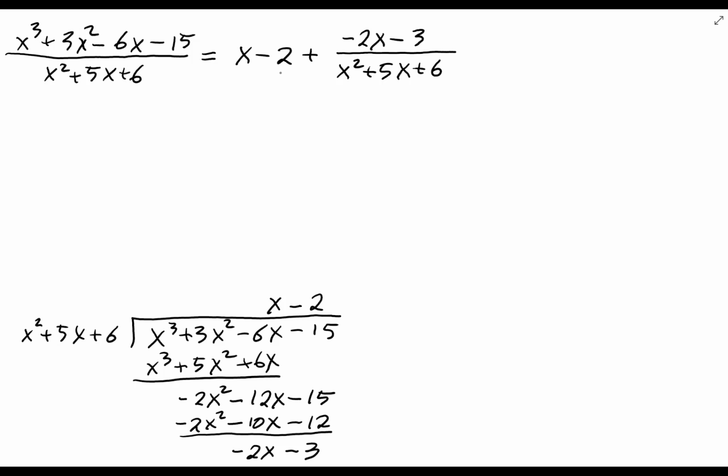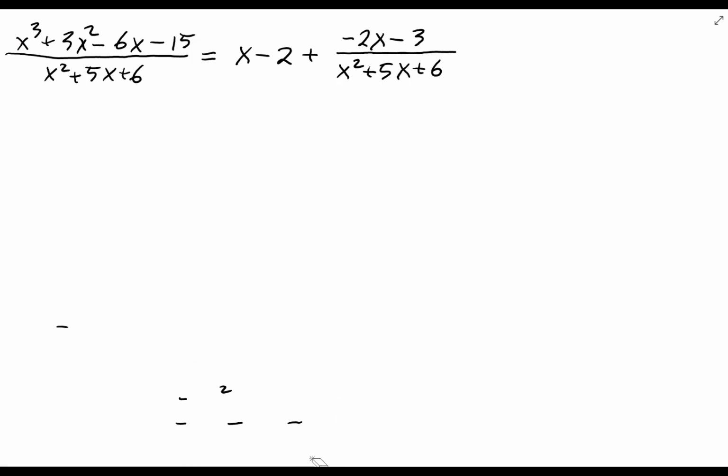Okay, so let's go ahead and do the partial fractions on this minus 2x minus 3. And let's see, I'm going to have to erase this long division problem. Running out of room here. Okay, so let's do this.